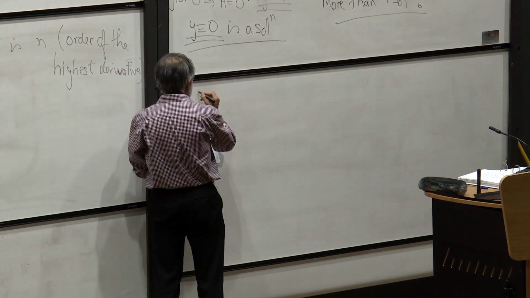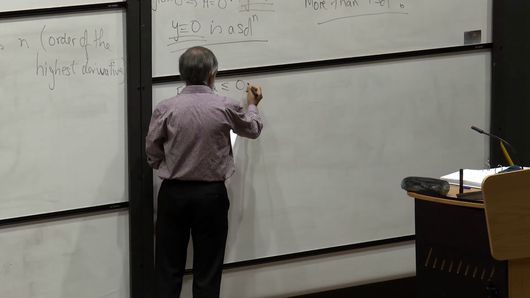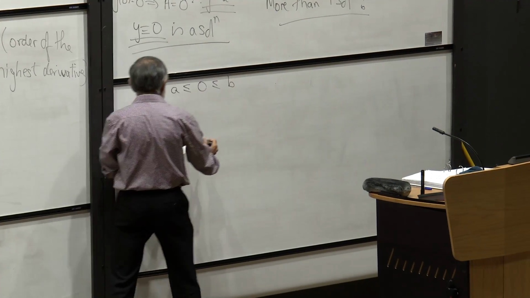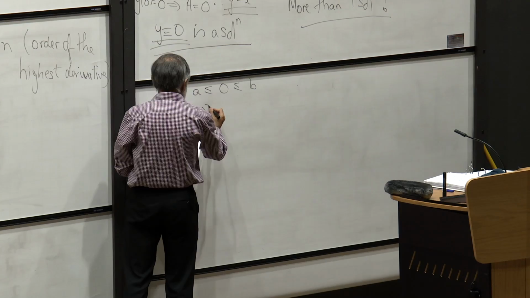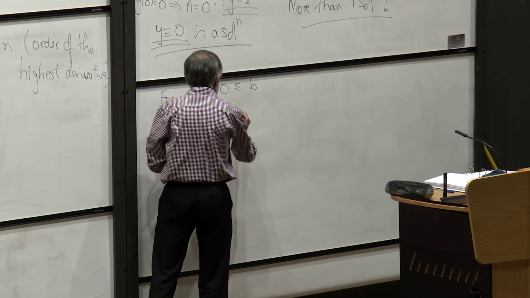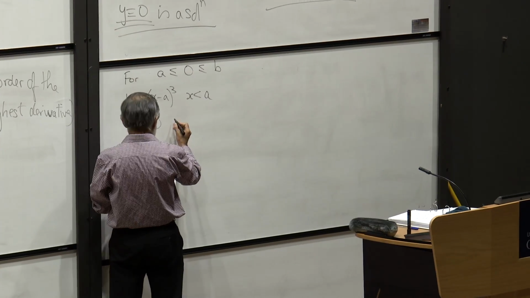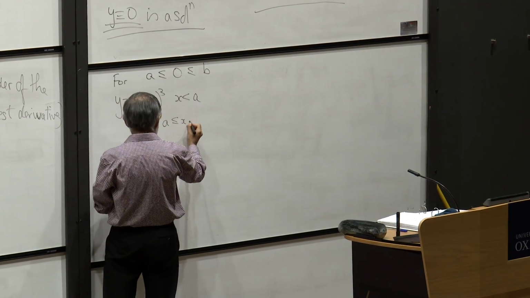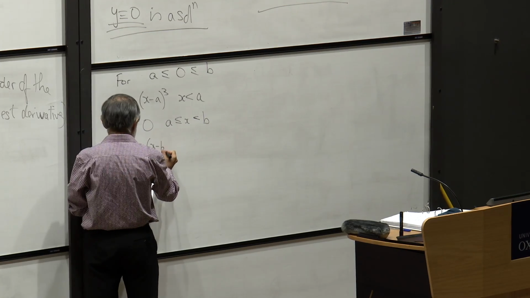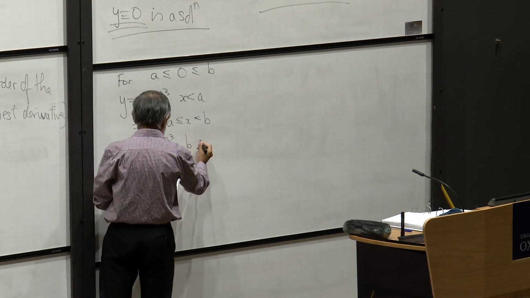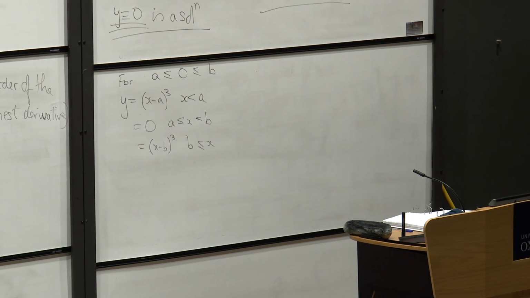because if we took a less than or equal to 0, less than or equal to b, and if we define y to be (x minus a) cubed for x less than a, to be 0 lying in between, and to be (x minus b) cubed for x greater than b, that would also be a solution.